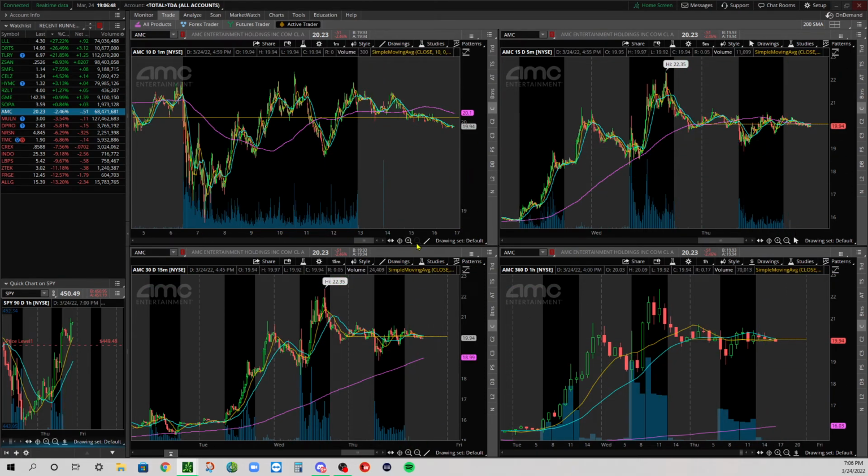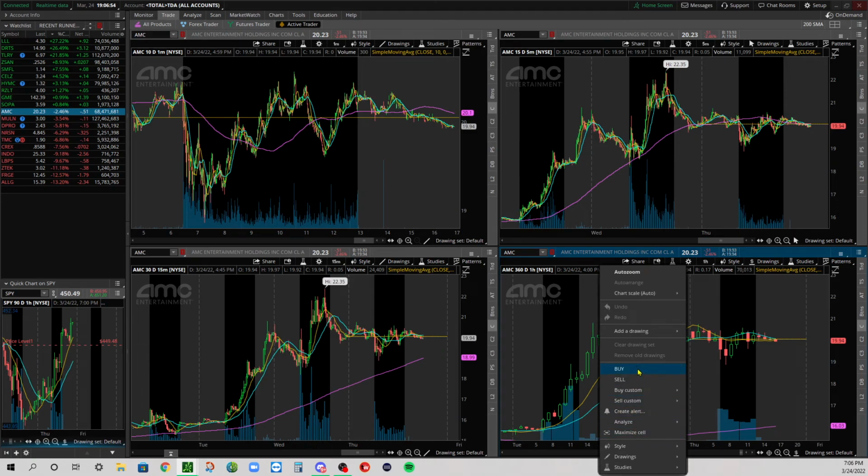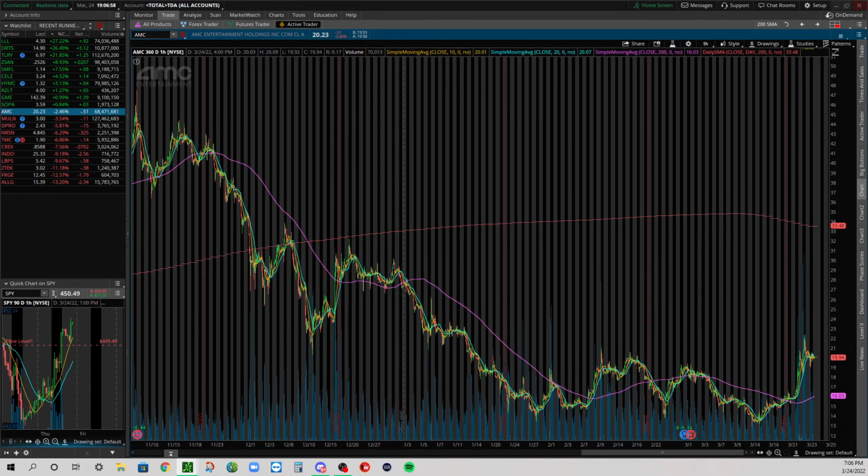First of all, I look at the bigger time frame. So let's zoom out on the 1 hour and maximize that. You can see general areas here: you've got resistance at this level, potential lows here, and resistance coming up right around here.